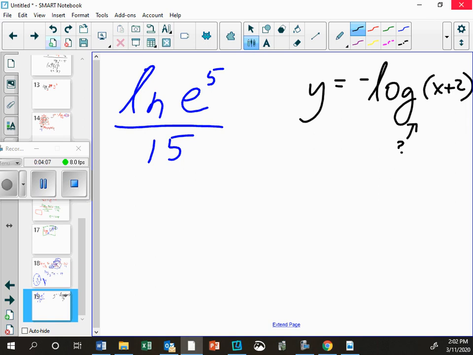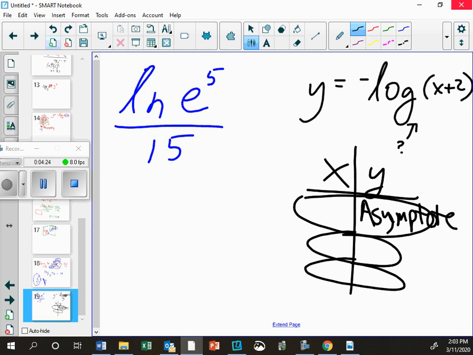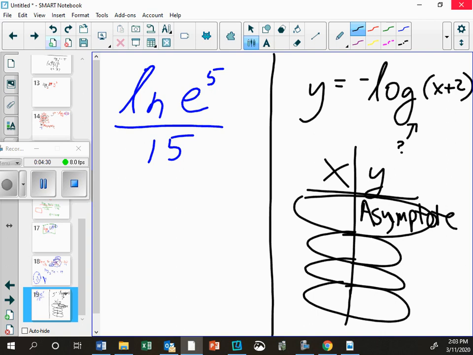So hopefully you know what base that is. I'd like you to make an XY chart. And first of all, I'd like you to tell what the asymptote is. If you don't know, I'll tell you later. And then I'd like you to tell me 3 points that would be on this graph. So these are completely separate problems. There's an easy one and a hard one. I'll pause while you try that.